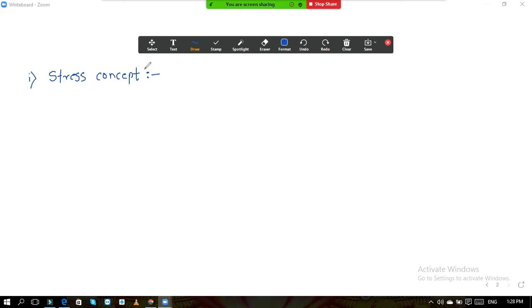Now here in the stress concept we know that sigma is equal to P by A, P by Z, M by Z, those terms we are using. So first of all we will find out the direct stress. Direct stress, what is the notation?